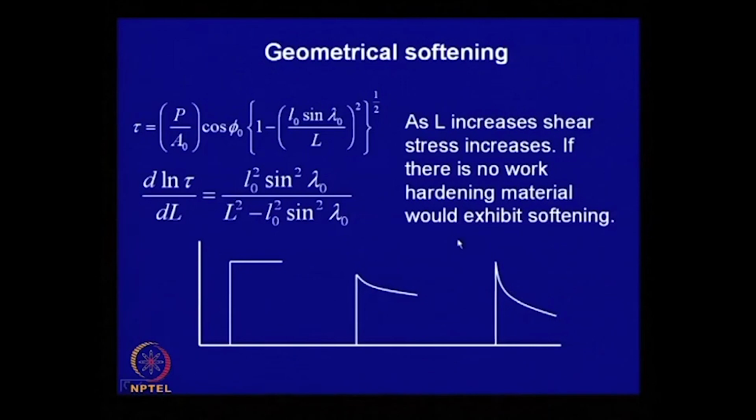This will become particularly prominent if you are testing a material which does not work harden. We will see later that most materials get work hardened. So, in real materials you may not see this, but it is a possibility, and this type of softening is called geometrical softening.